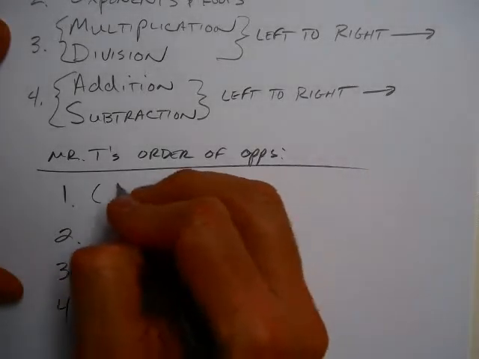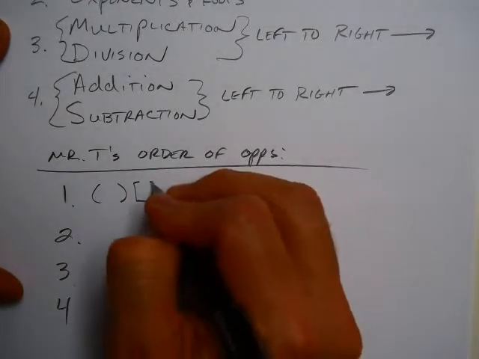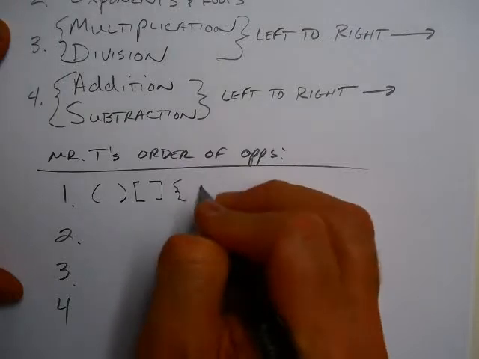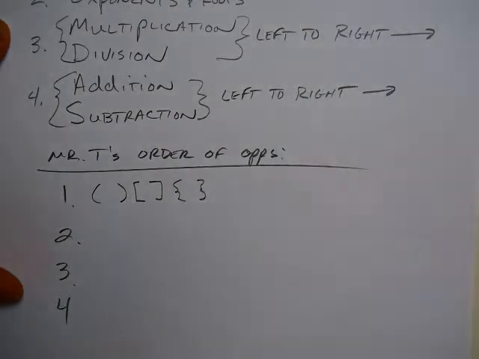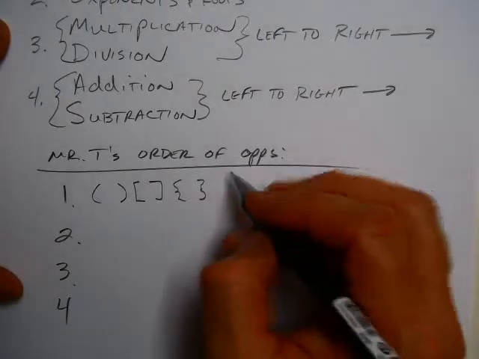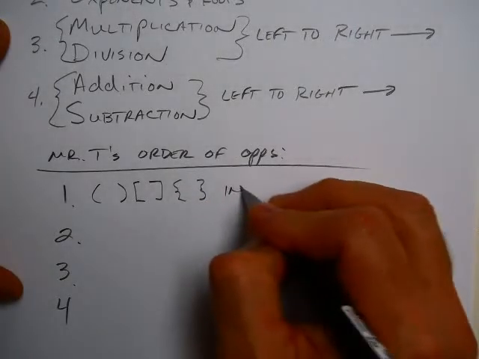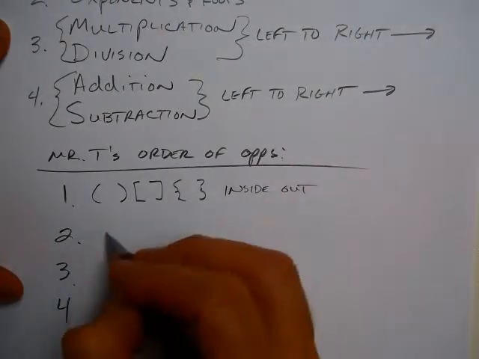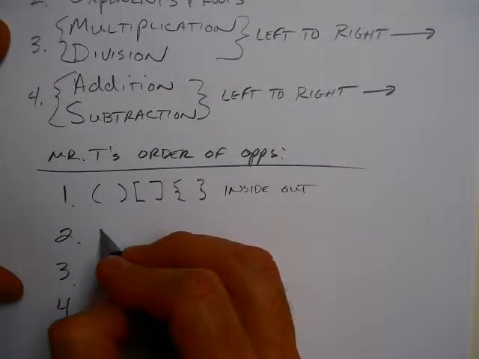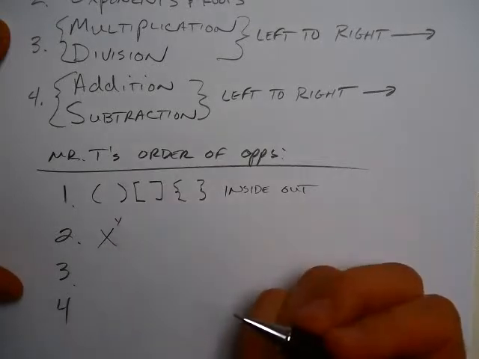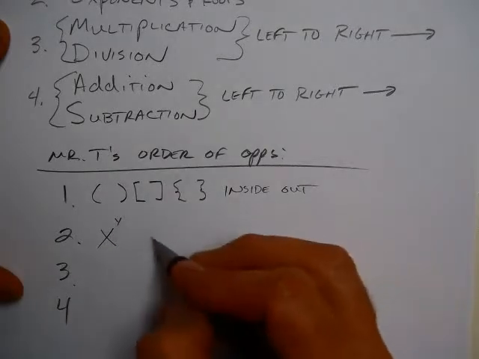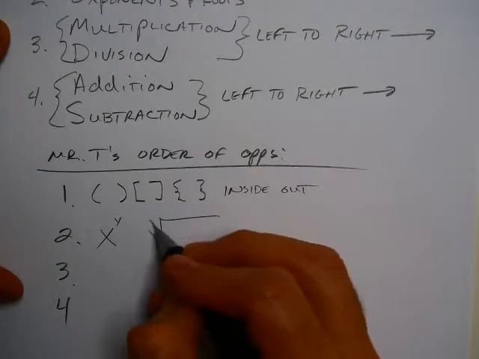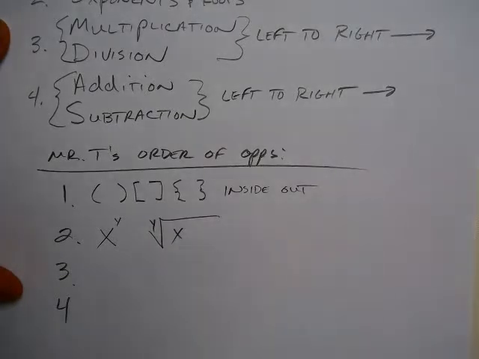Your first thing are your grouping symbols, anything like this. And then, unfortunately, I can't be totally wordless, inside out. Exponents, maybe x to the y or something like that. And the radicals, y to the x.